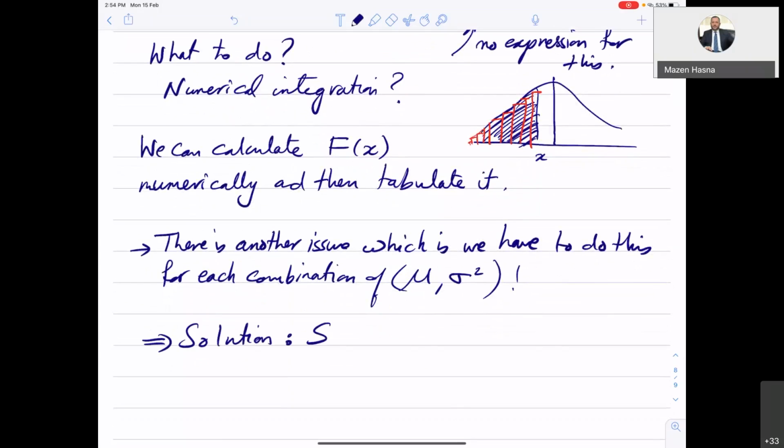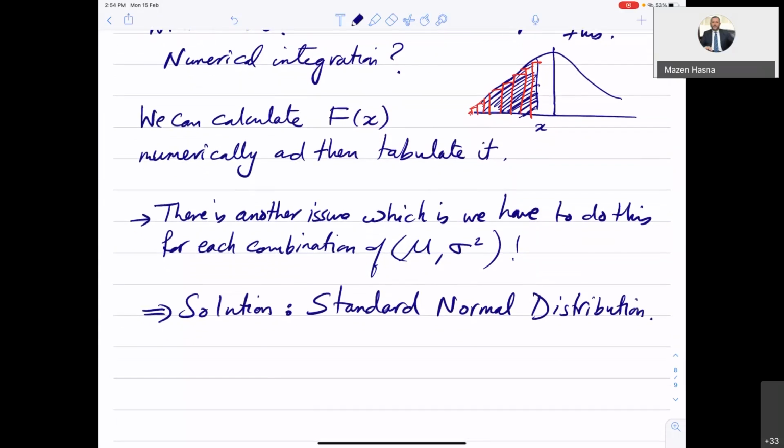We use what we call the standard normal distribution. And we'll see how that is handy. What's a standard normal distribution?